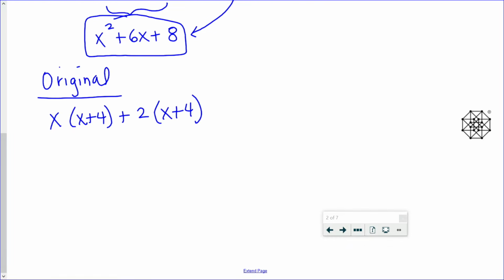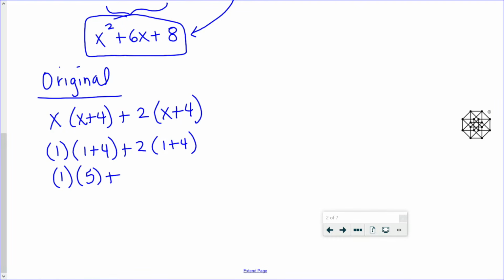If I put 1 in there, I'll have 1 times 1 plus 4 plus 2 times 1 plus 4. That's going to be 1 times 5 plus 2 times 5, which is 5 plus 10, or 15. Now I also want to test the trinomial to see if I also get 15.